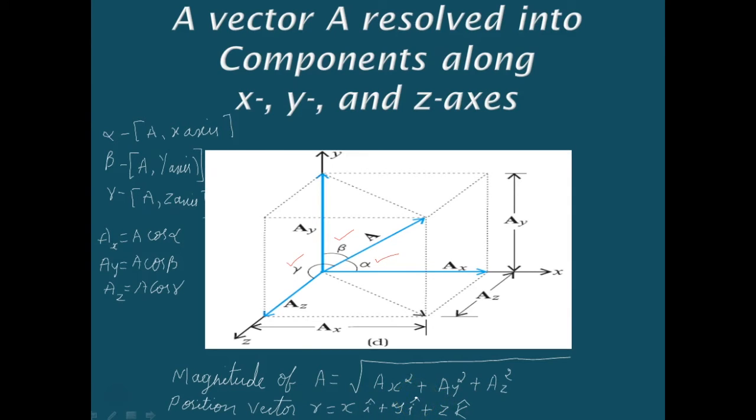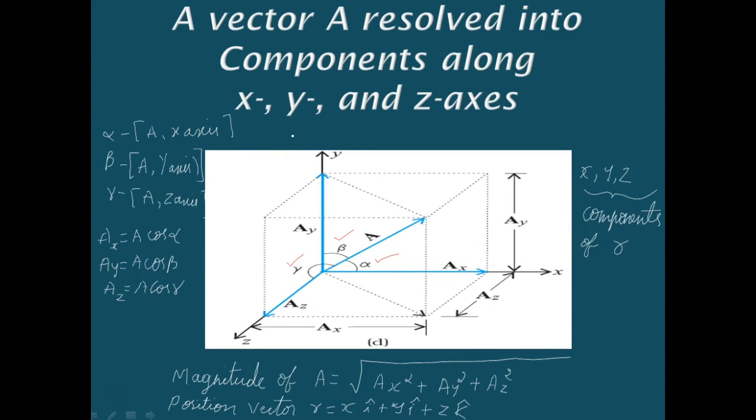And this x, y, z are the components of R. So R is a position vector. What about this x, y, z? Yes, this x, y, z are the components of R along the x, y and z axes respectively.